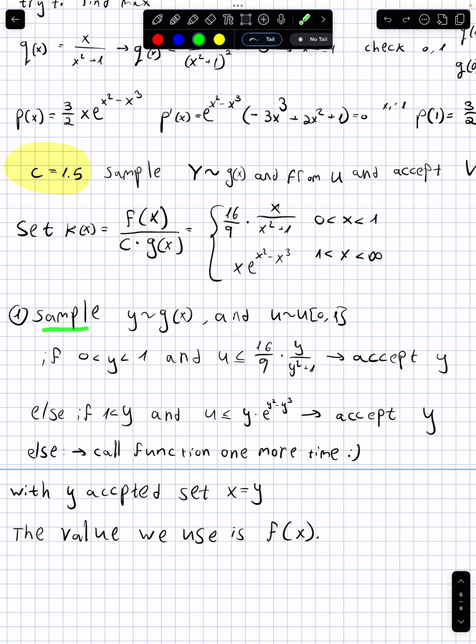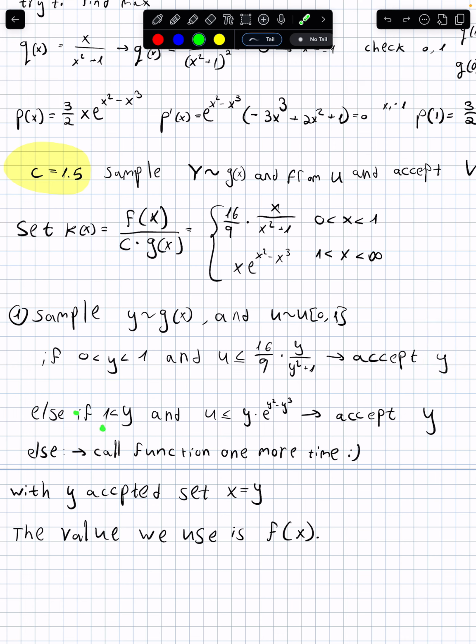And now we're going to use this algorithm. We sample y from g of x and u from 0 to 1. If we get a value of y which is between 0 and 1, and u is less than 16 divided by 9 times y divided by y squared plus 1, then we accept y.